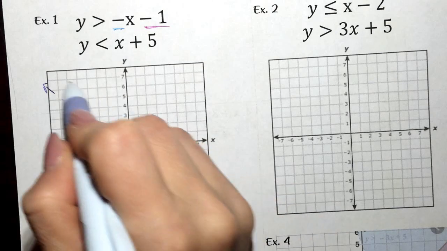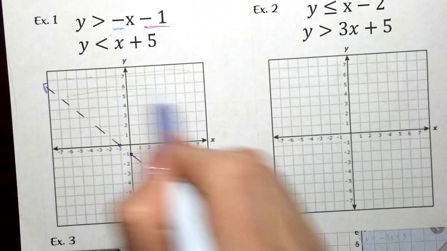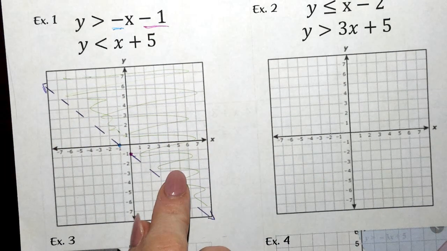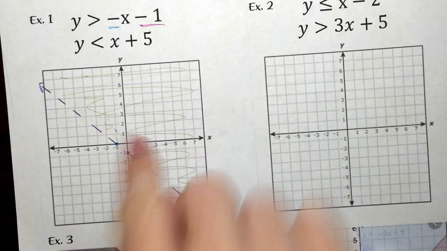And then it is greater than, so that means we are above the line and my shaded area is here. So for this first inequality, this is where my solutions are.